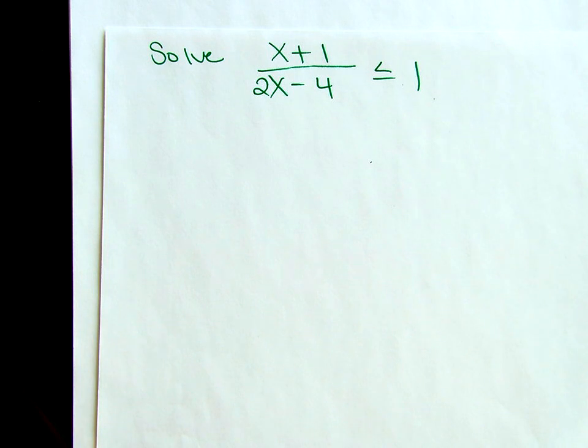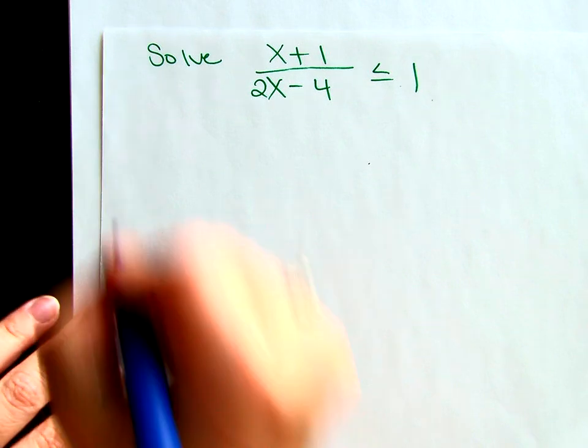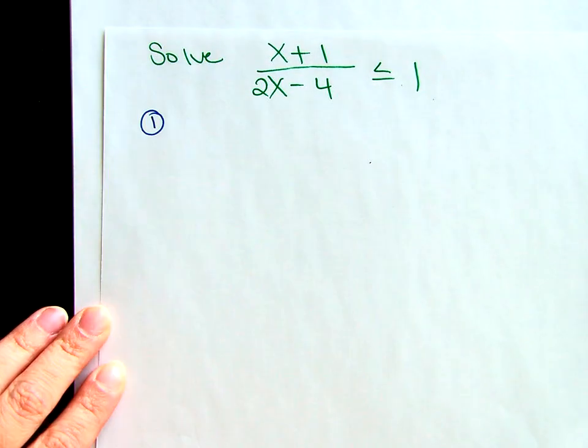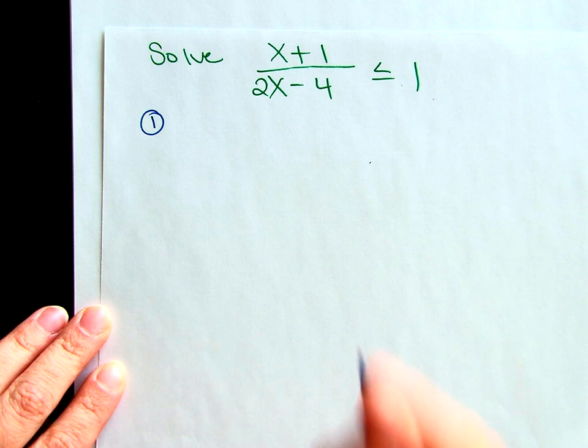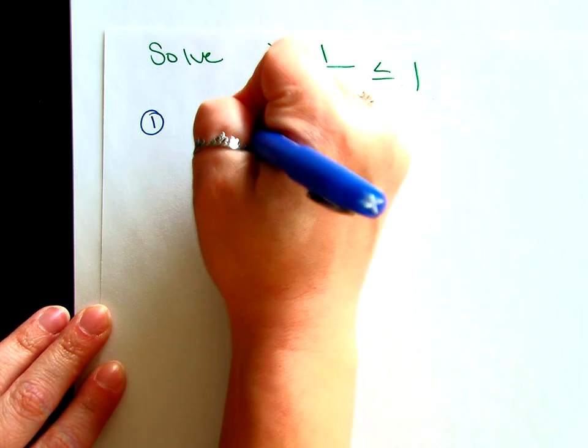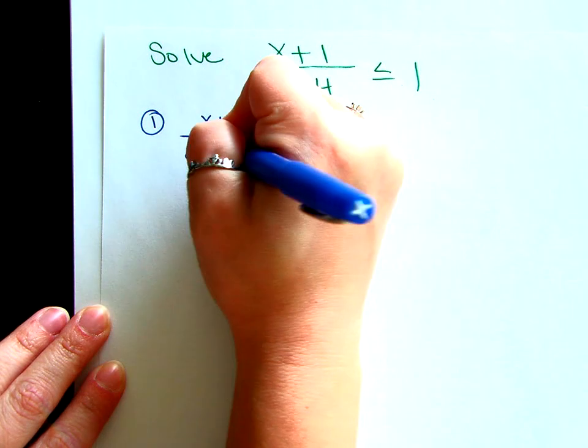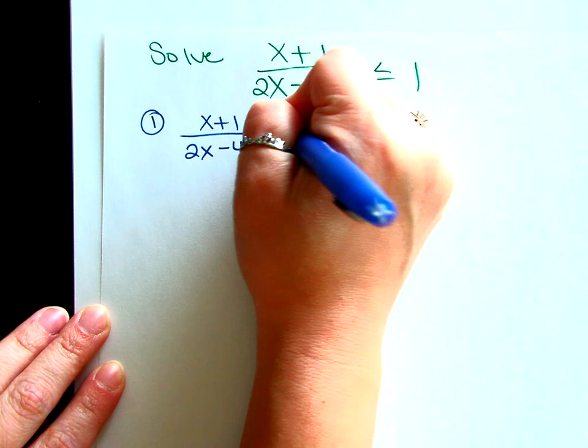Solve x plus 1 all over 2x minus 4 is less than or equal to +1. It's a nice one to end on because this one requires us to do every step. It's not by itself yet, so we're going to subtract that 1 over, so that we have x plus 1 over 2x minus 4 minus 1 is less than or equal to 0.